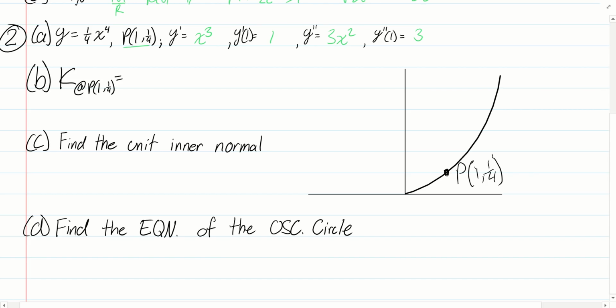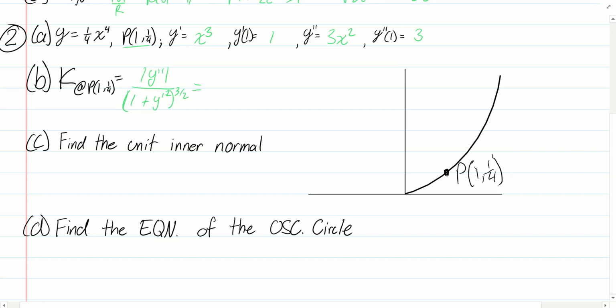And the equation for this is the magnitude of y double prime over 1 plus y prime squared to the 3 halves. I do not believe you need to memorize this, but it's always good to just know what to do so you don't have to spend time looking for an equation.